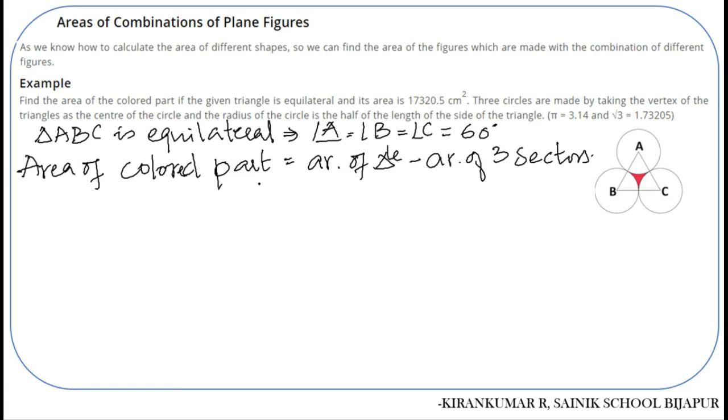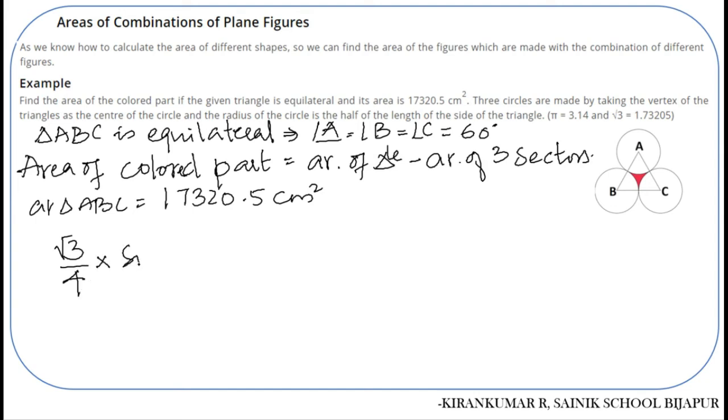They have mentioned the area of the triangle. Area of triangle ABC is given. It is 17320.5 centimeter square. I know that it's an equilateral triangle, so root 3 by 4 times side square will be 17320.5.